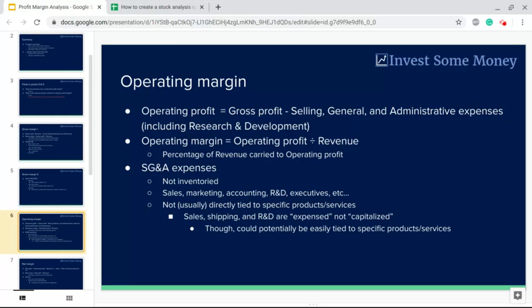For example, you've got sales expenses, paying salespeople, customer service people, marketing expenses, commercials, billboards, online advertising, etc. Those expenses are SG&A. The accounting department is going to fall under SG&A. Research and development, as I mentioned, is going to fall under SG&A.